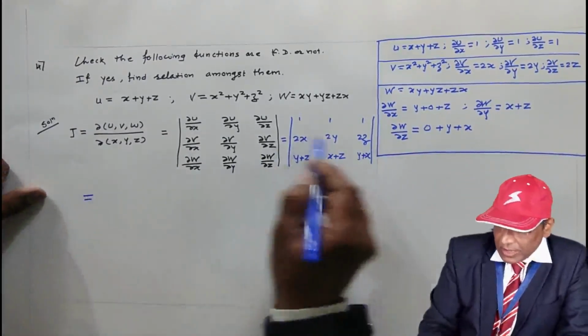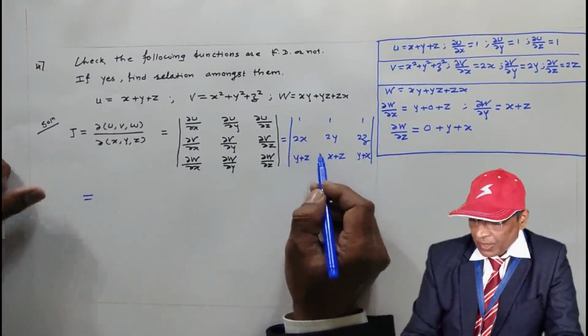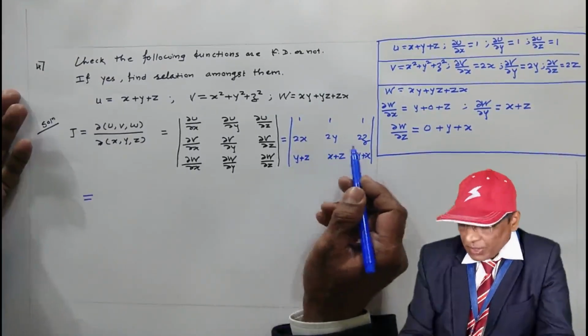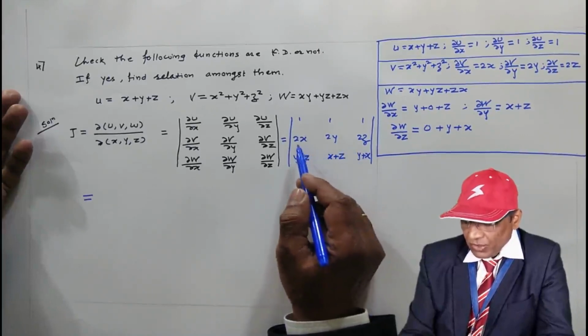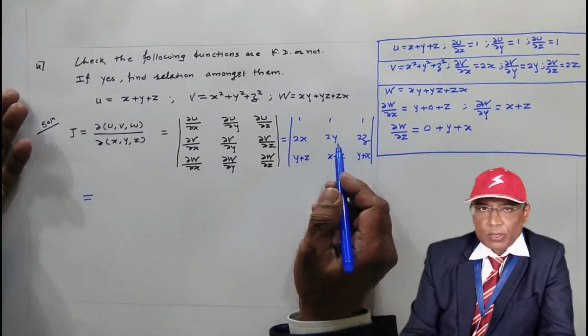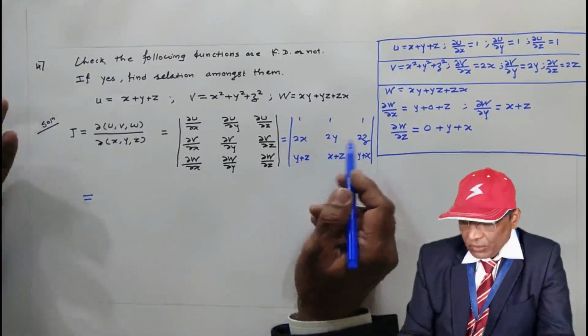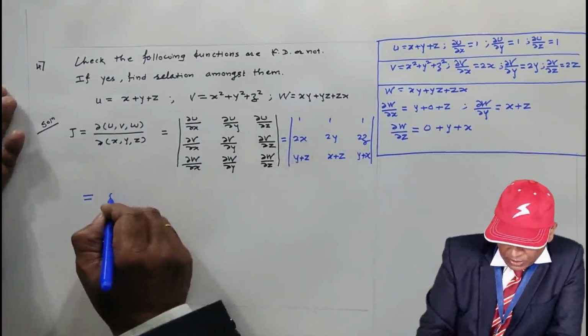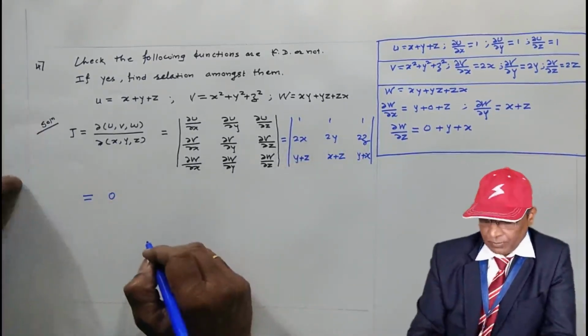Now, try to solve this determinant. While solving the determinant, you can use properties of determinants also. You are free to take 2 common from the second row, or you can solve it without using properties of determinants. No problem. If you solve this determinant, the value comes to be 0.